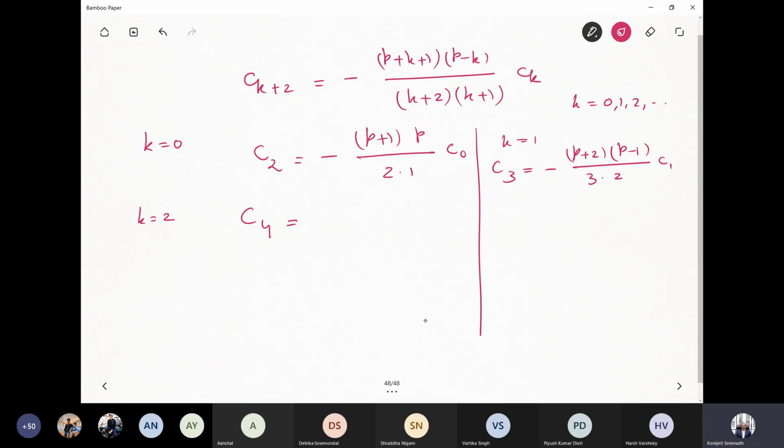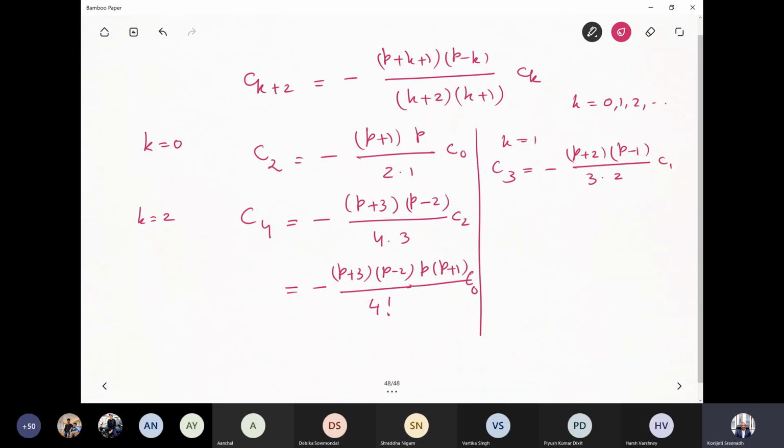So c_4 is going to be, for k equals 2, (p+3)(p-2) upon 4 into 3 times c_2. So from the previous step, I can write what is c_2. Therefore, it becomes factorial 4 times p(p+1) times c_0. Okay. Similarly, you can find c_5.